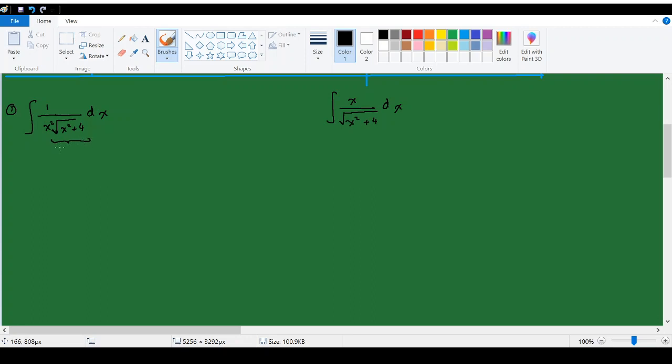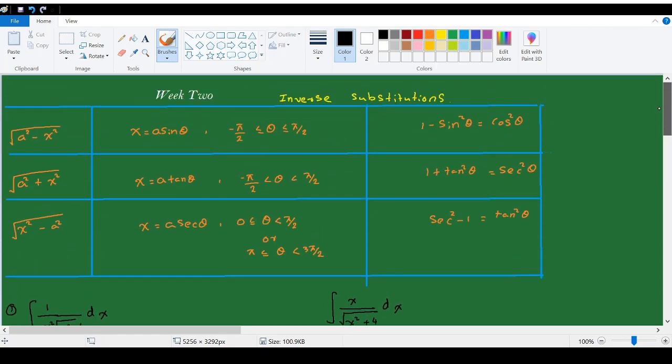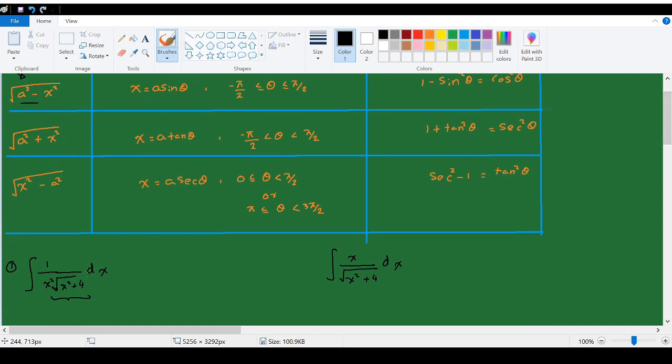So when you have the square root, we can use our table of inverse substitution. And when we are using the table, we should find the suitable category, right? Now in the previous two videos we did examples of the first category, but in this one we have it as x squared plus 4.